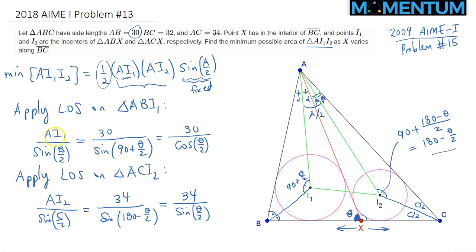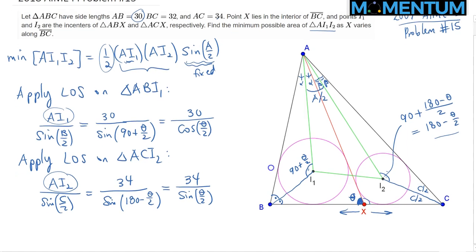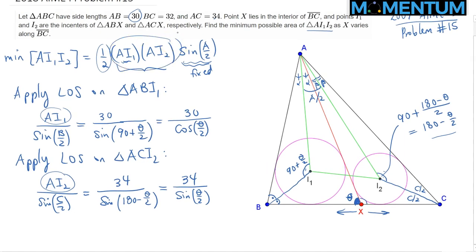Now we can cross multiply these and we would get the two expressions for AI1 and AI2, and that's exactly what we need. So let's plug them into our formula here.